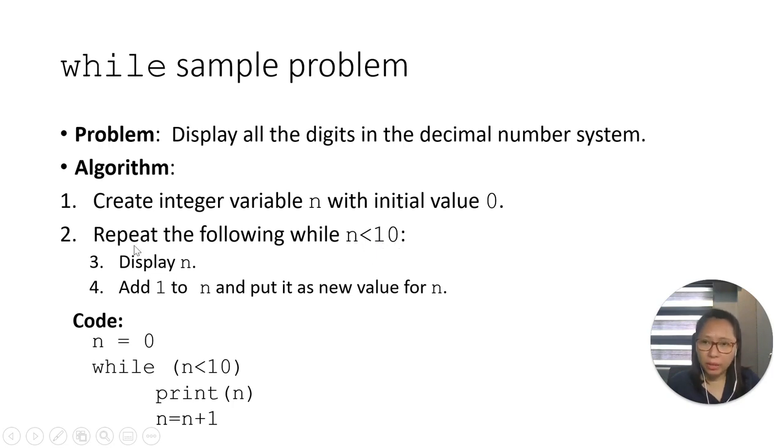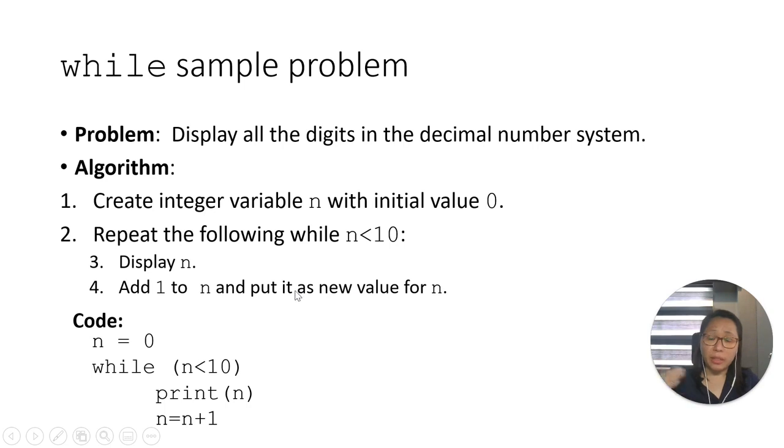Here are the two steps inside this loop. The first step here inside the loop is display n, add or show n or print n, and then next is add 1 to n and put it as new value for n.